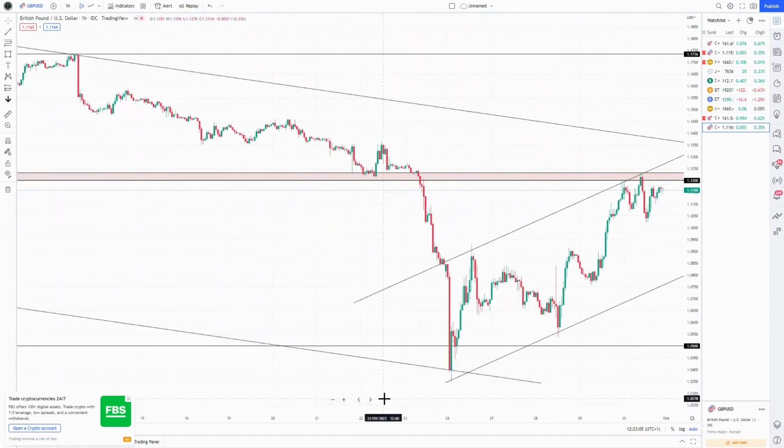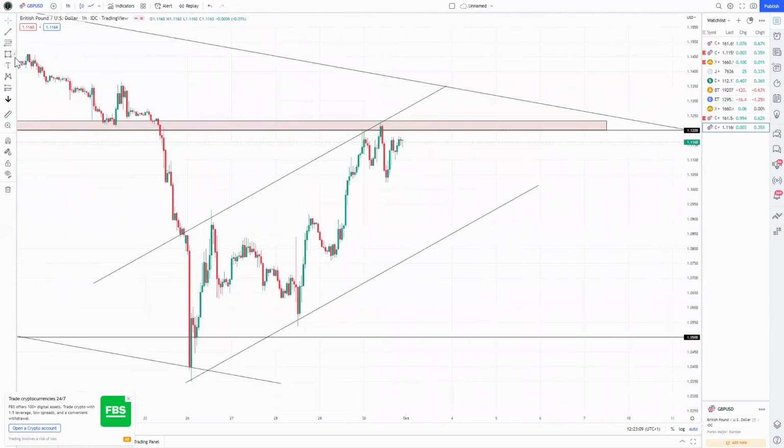Okay, so I think this one is looking nice. This setup is looking nice. So all I'm waiting for is for price to patiently come up here for a rejection. So once I see this rejection, then I'm taking a sell downward on GBPUSD here. So I don't get it twisted, price can also break above. But like I said, we always react to what we see in the market.